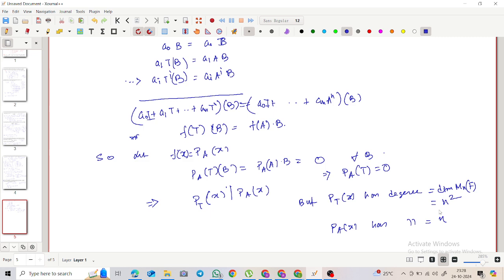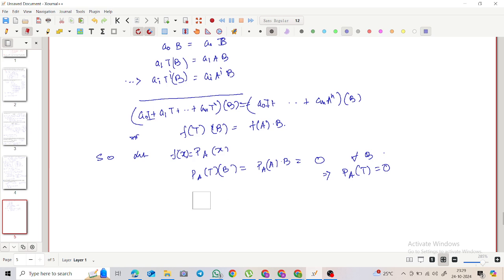No, no, that's an overstatement. P_A(x) is never P_T(x) because P_A(x) has degree n and P_T(x) has degree n squared. So it's never true. We will have to show that they have the same roots. Okay, just give me a minute.